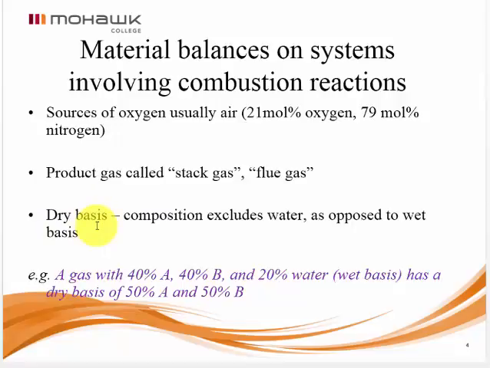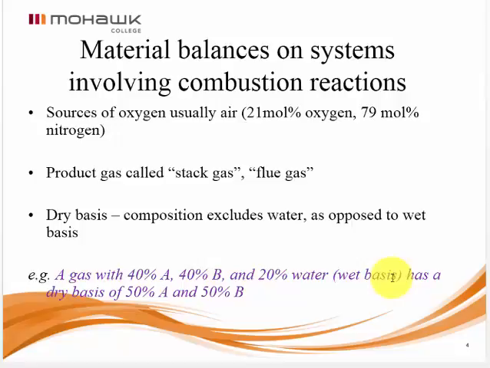When we talk about the dry basis, it is a composition that excludes the water, as opposed to the wet basis. An example of the calculation of the composition on the dry basis would be a gas which is composed of 40% A, 40% B, and 20% water on the wet basis.